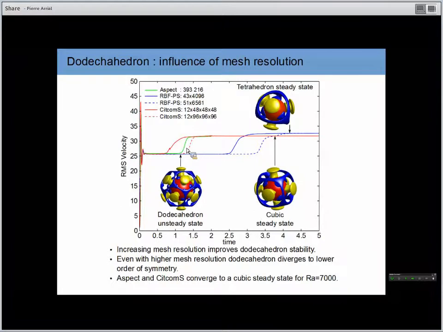I'm going to restart. You can see that in the first second of the movie, plumes move in one direction, and after a certain period of time, they come back to the initial position, and finally converge to the cubic steady state.